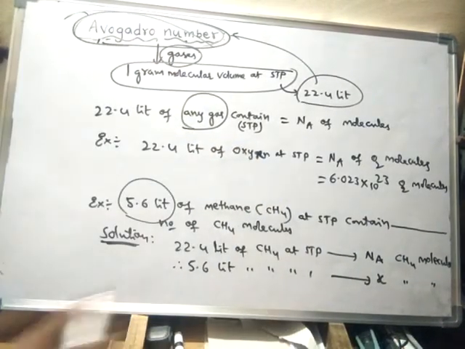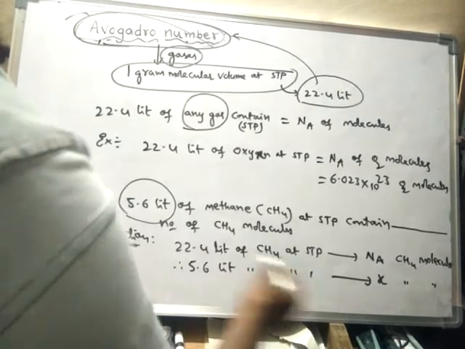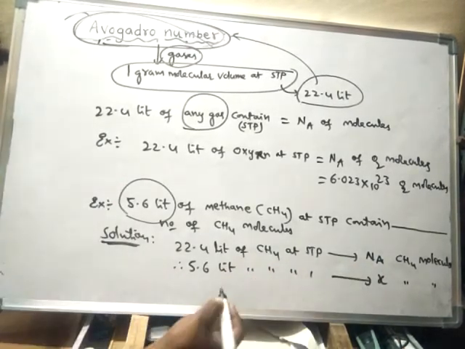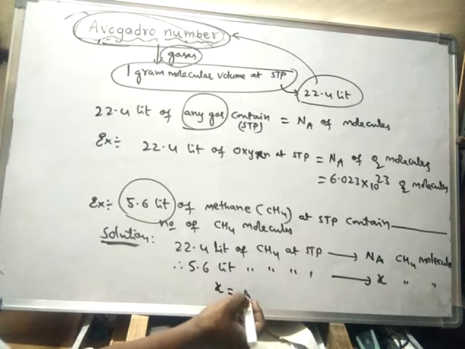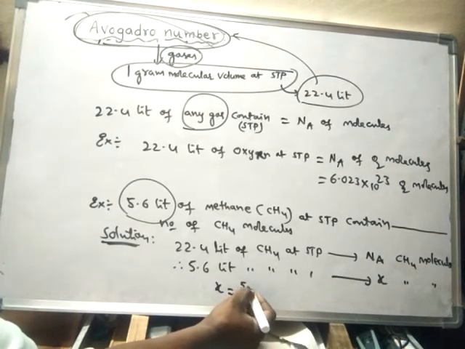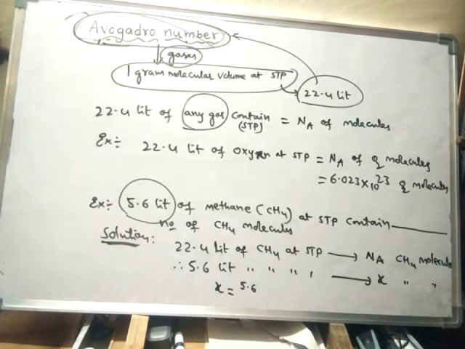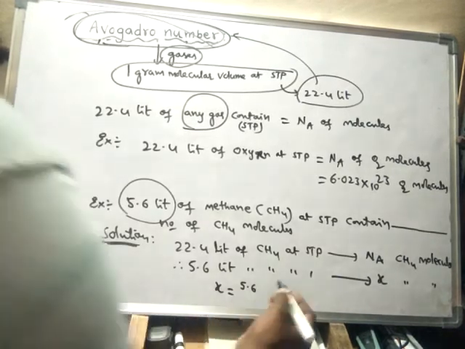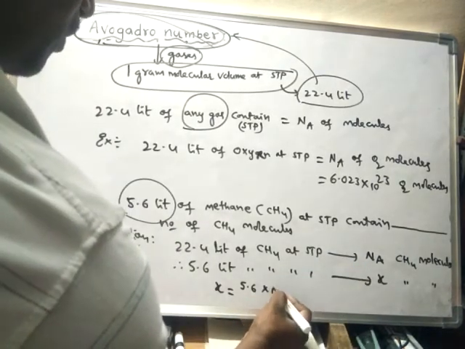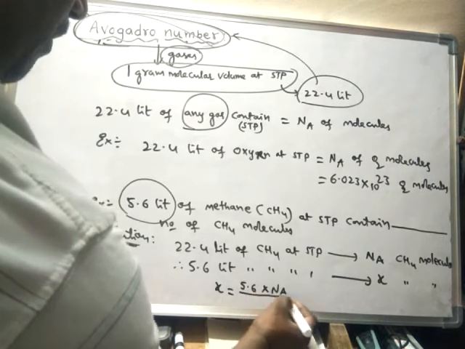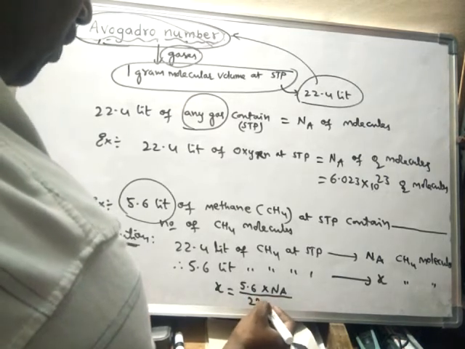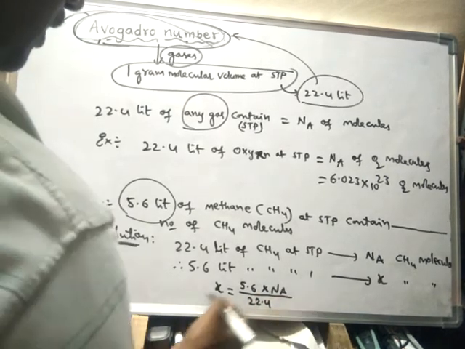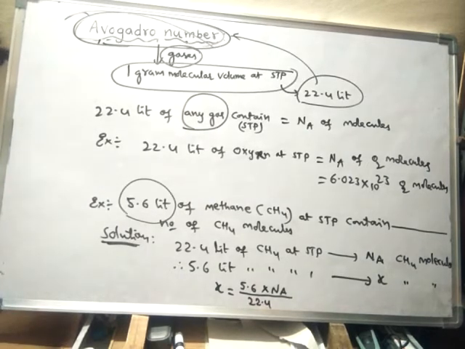So by cross multiplication, X will be equal to 5.6 into Na by 22.4.